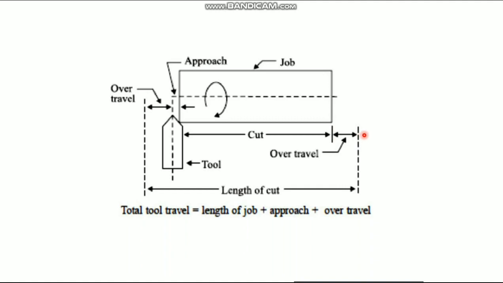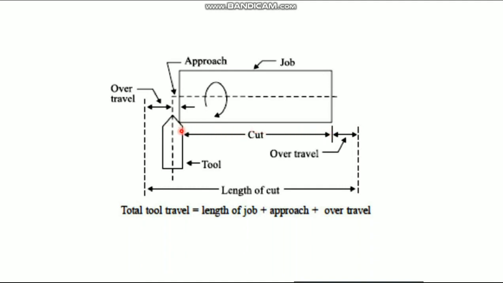When the tool begins to start at this place, the distance up to the leading edge of the workpiece is called length of approach. Then this is the length of job.